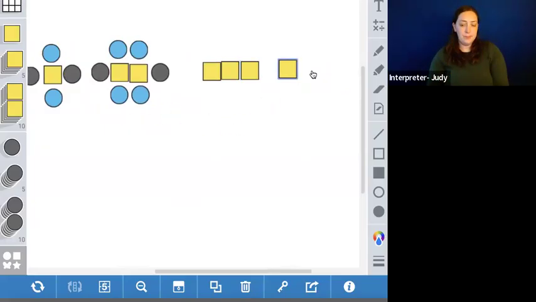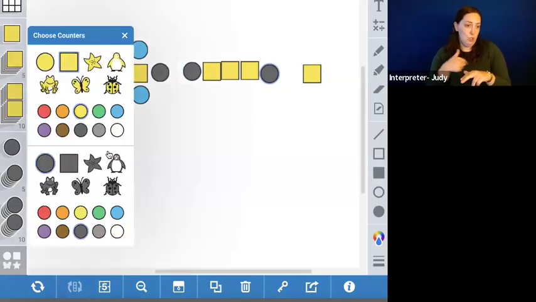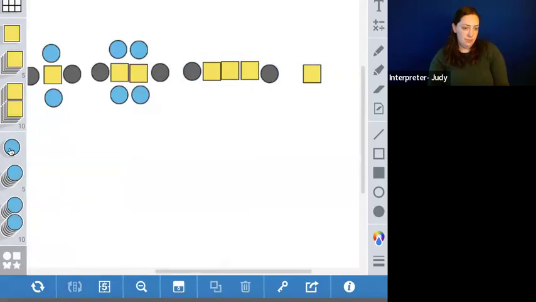So we have 2 tables, we have 3 tables. We're going to come down and grab the 2 chairs we started with. And then how many more chairs are we needing? So we'll come in there and we'll add our extra table, our extra chairs needed.